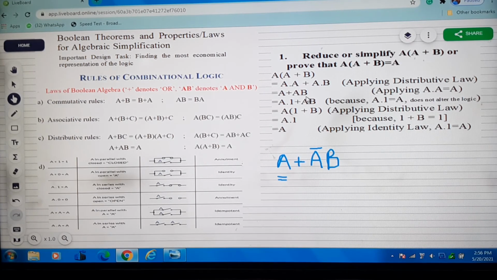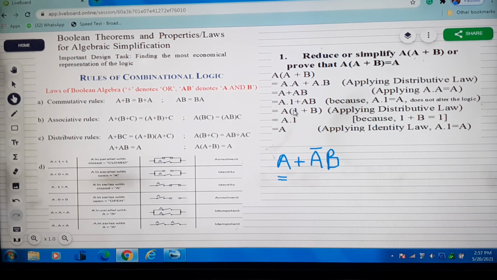So, if we multiply any variable with 1, it will not alter the logic. So, we can write this expression as A dot 1 plus AB. Now, by applying distributive law, we can factor out A from this expression so that we can write A dot bracket starts 1 plus B bracket close.